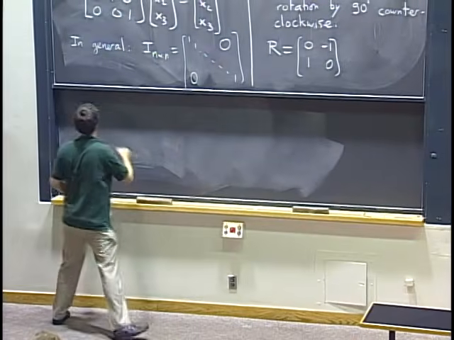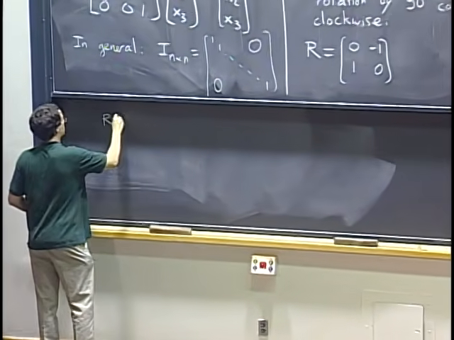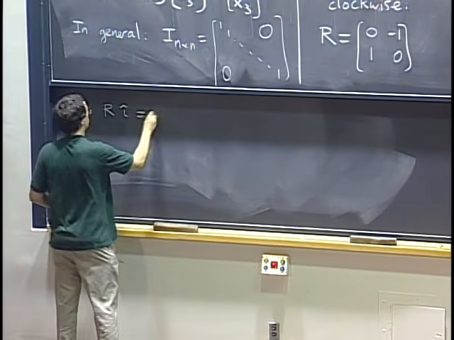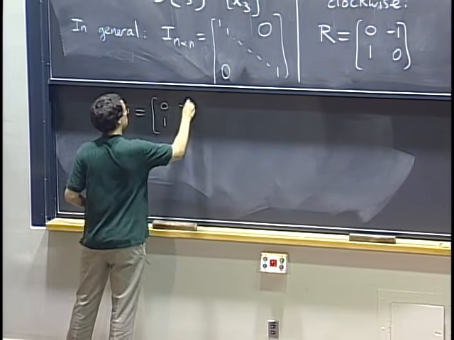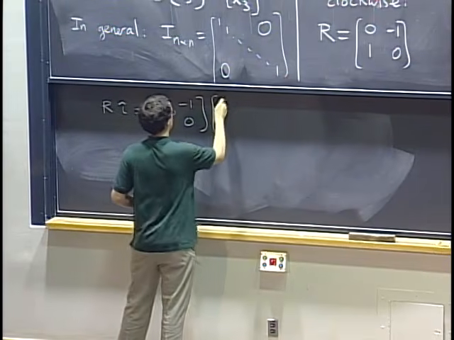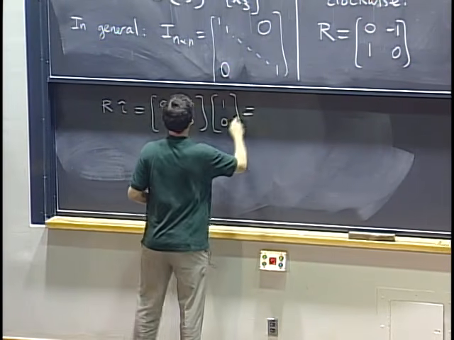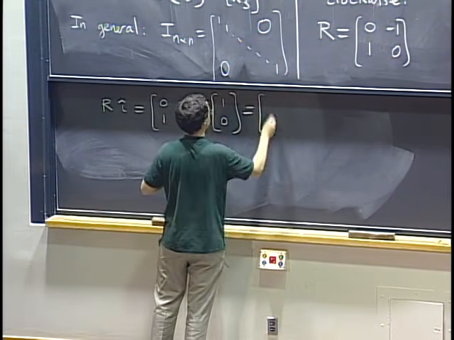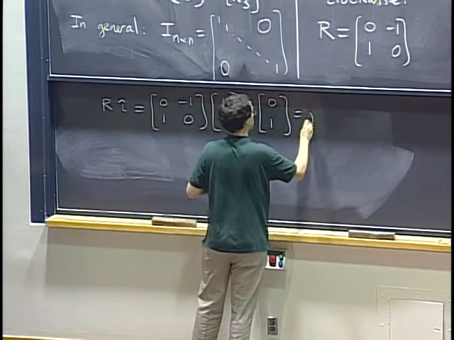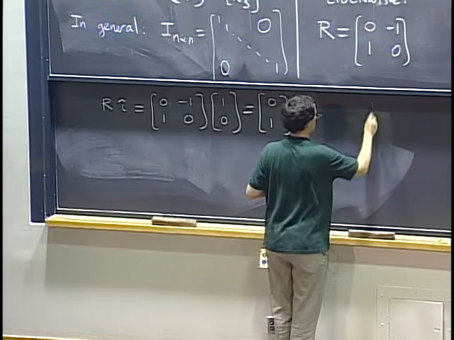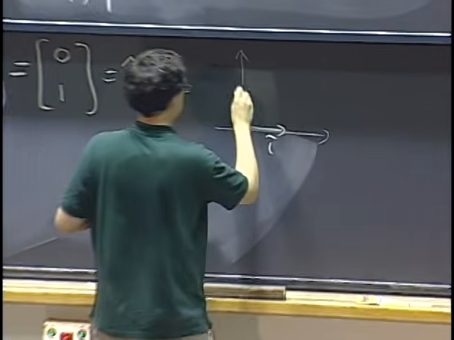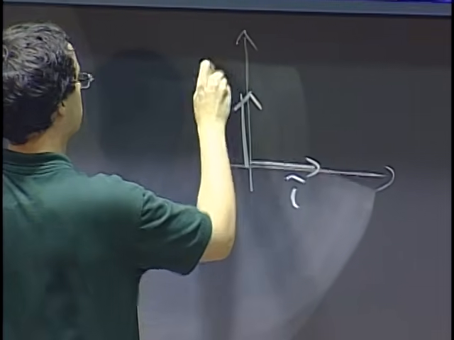Well, if I do R times i hat, so if I apply that to the first vector, i hat, which will be (1, 0), this product, well, here you will get 0, and then you will get 1. You get j hat. Okay, so this thing sends i hat to j hat.